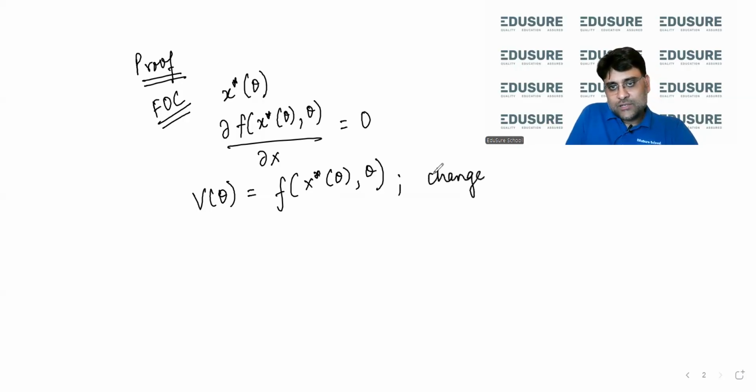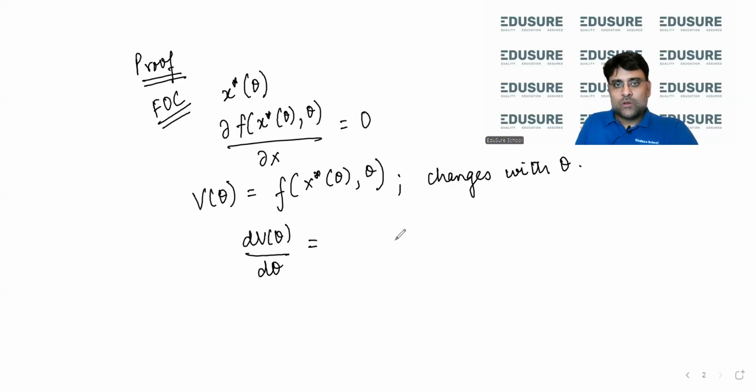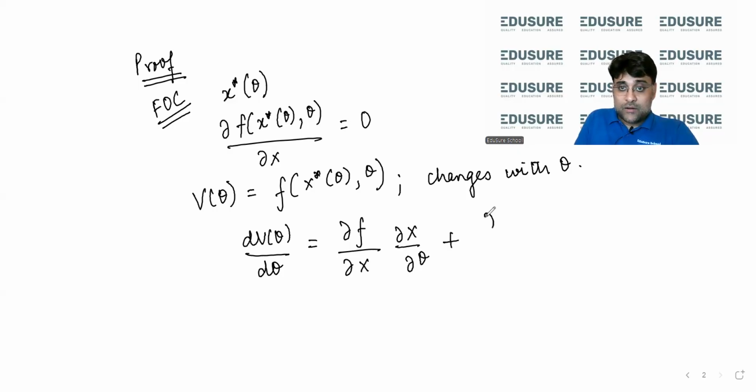So we differentiate v theta by theta, which is equal to, basically, you will get del f del x times del x del theta, and del f del theta directly.